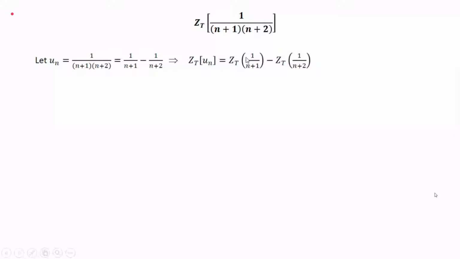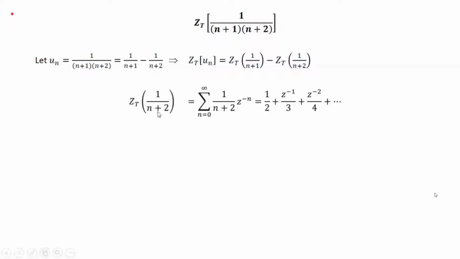Now I have already shown you how to find the z transform of 1 by n plus 1. So let me just do the z transform of 1 by n plus 2. So what I have is 1 by 2, z power minus 1 by 3, etc. So what I will do is, I'll take out a z squared and I'll write it as 1 by 2z, 1 by 3z cube. What is the reason?